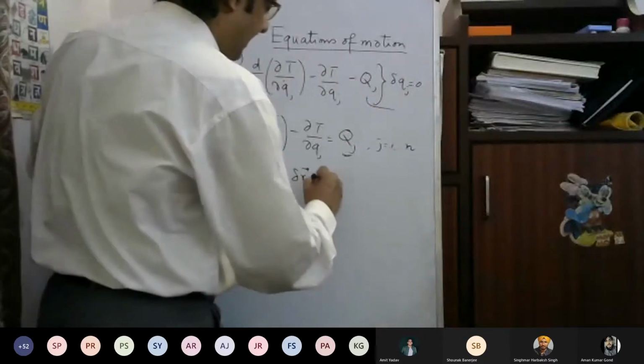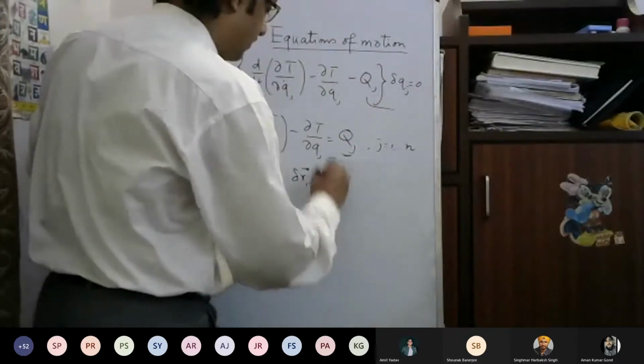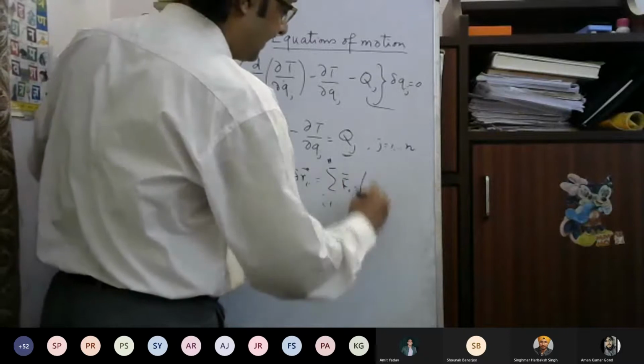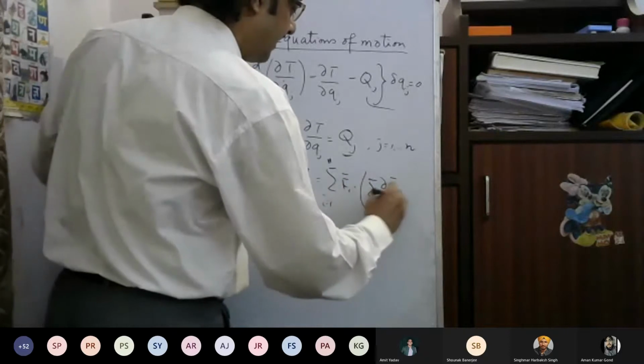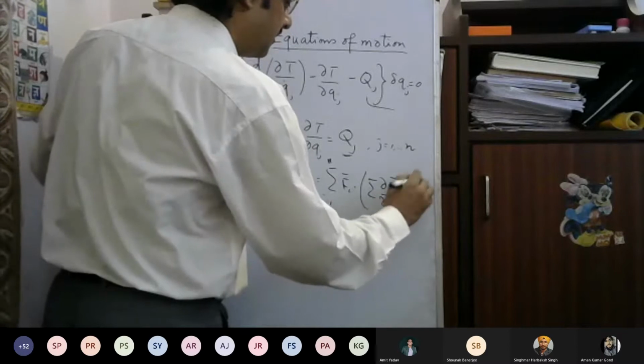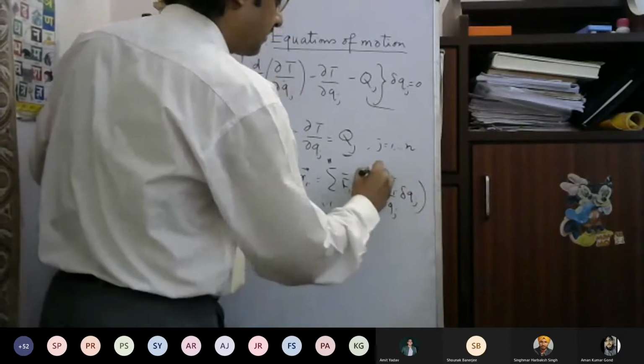And delta Ri, I wrote that this is nothing but the sum over i of Fi dot, this one, delta Ri delta Qj delta Qj, with j equal to 1 to n.